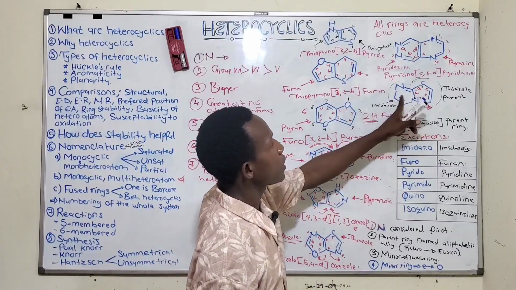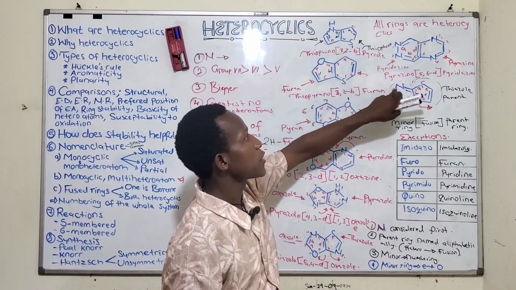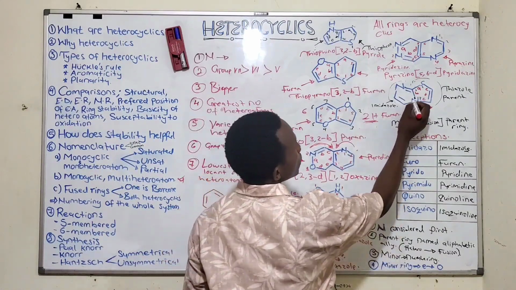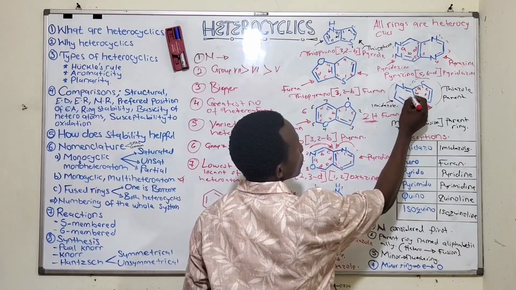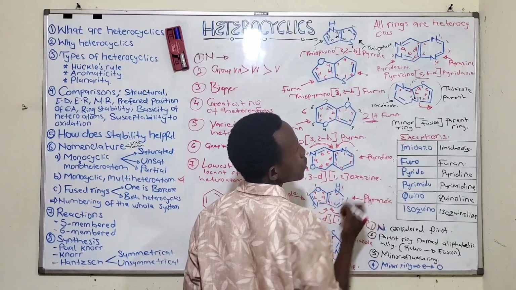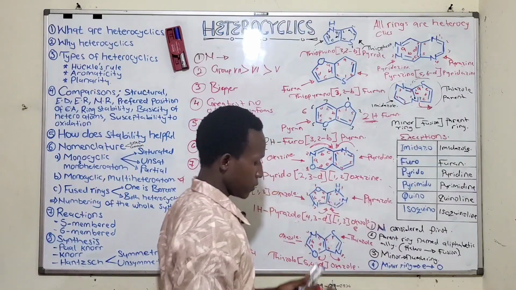Then for this one, since this nitrogen is far from fusion, this one is near the fusion. So this one will be considered first. It will be 1, this position 2, this one will be at position 3, then 4, 5.